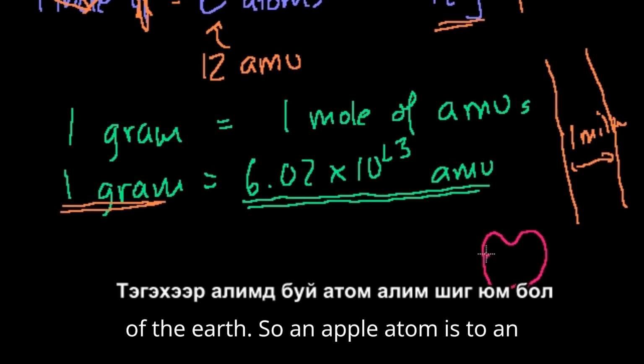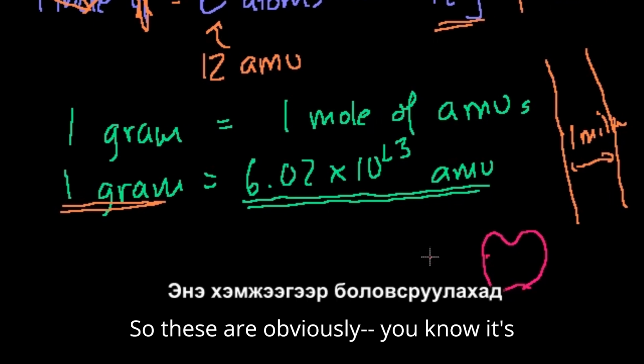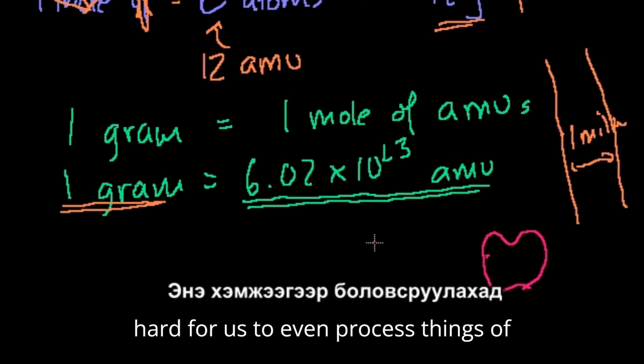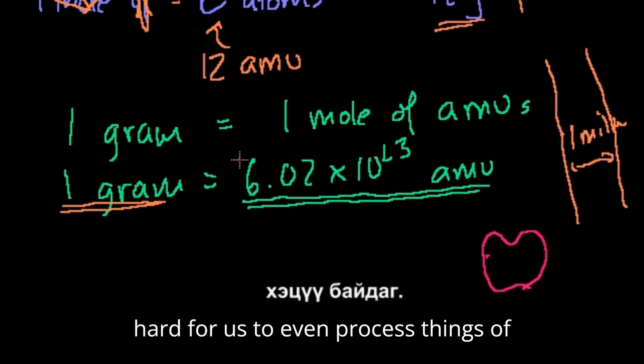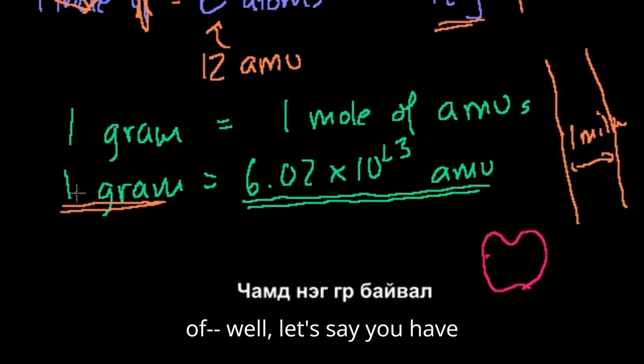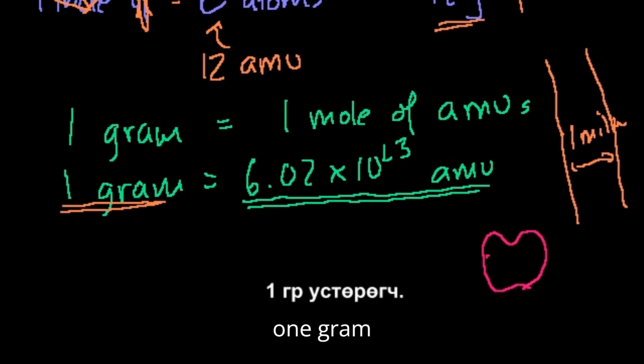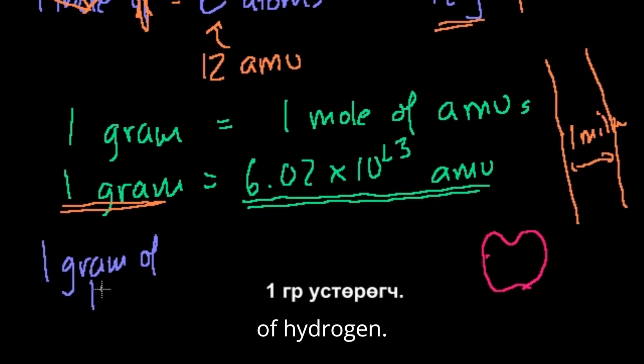Obviously an apple has a bunch of different types of atoms in it, but an apple atom is to an apple as an apple is to the Earth. So it's hard for us to even process things of this size. When you just have 1 gram of, well, let's say you have 1 gram of hydrogen.